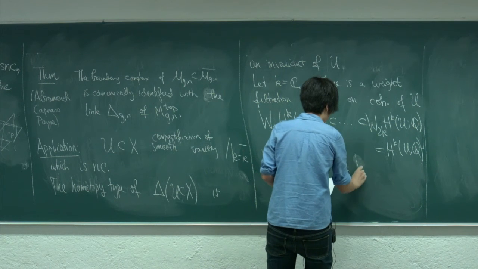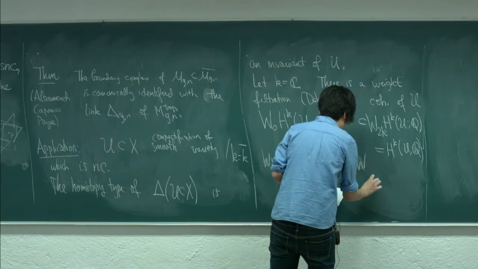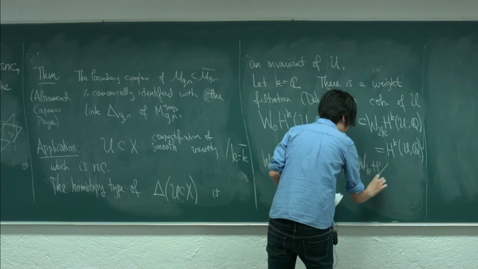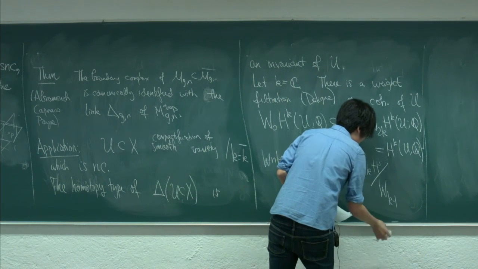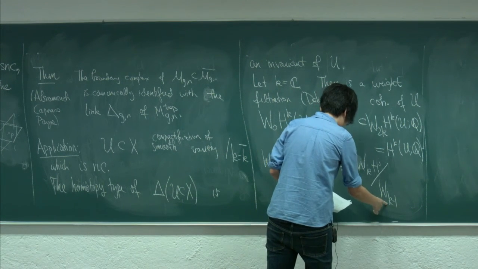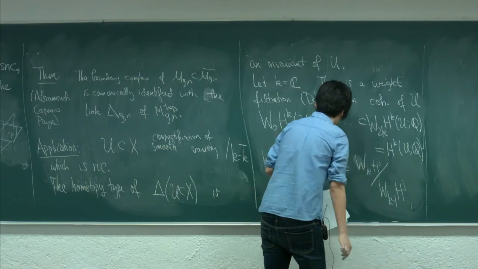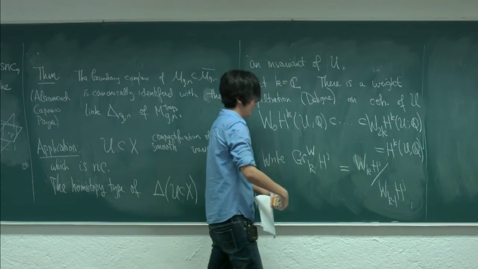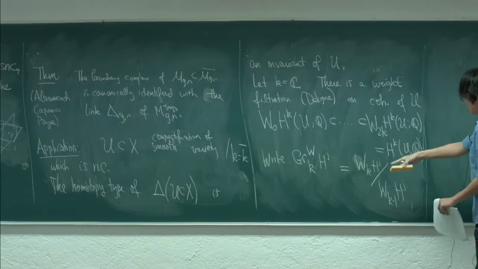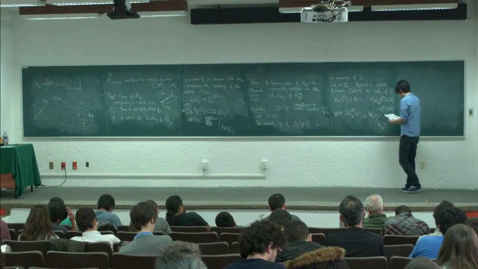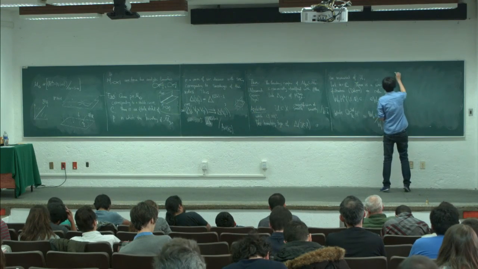So this is the quotient of the weight k piece of H^j by the weight k minus 1 piece of H^j. So this is just some vector space.